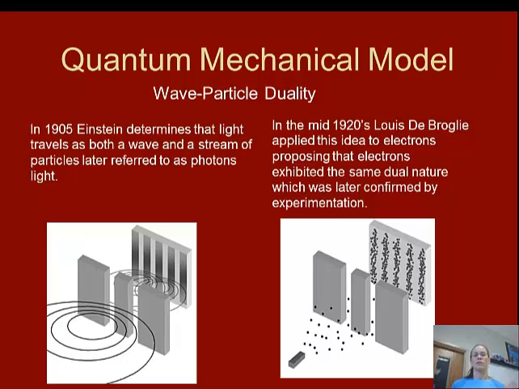Einstein carried on those studies with the photoelectric effect. Both of those scientists focused on the behavior of light and electromagnetic radiation. Louis de Broglie took those ideas and applied them to the behavior of electrons, where they were seeing this energy being emitted, and actually specific types of energy emitted by different elements.